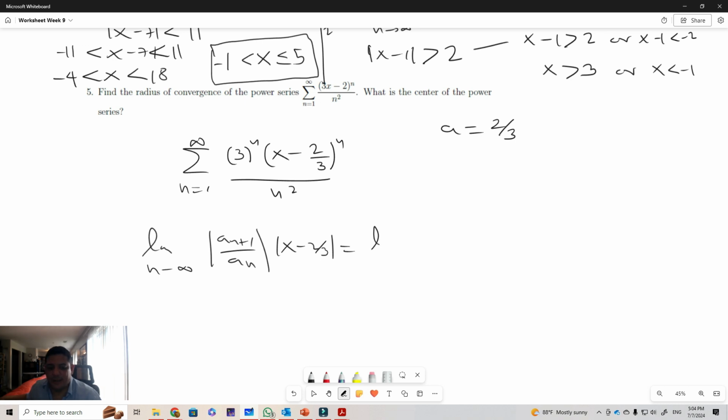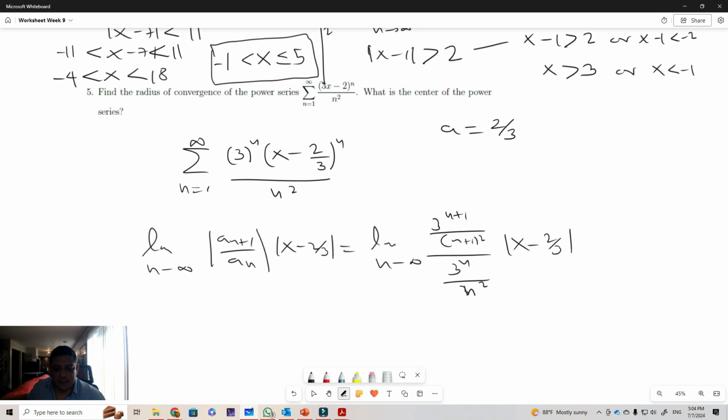And now going back to what the sequence really is, 3 to the n over n squared, this is going to be 3 to the n plus 1 over n plus 1 squared, over 3 to the n over n squared. And now we can simplify a bit so we can calculate the limit. So we're going to have 3, and at the top we're going to have n squared over n plus 1 squared, times the absolute value of x minus 2/3.